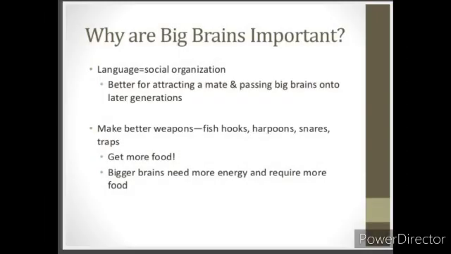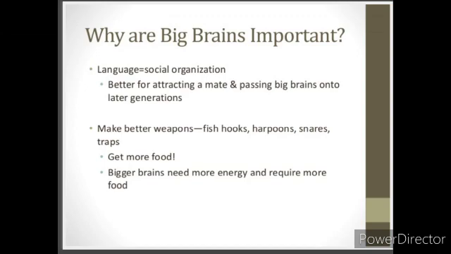The question arises, why is a big brain important? Language equals social organization. A big brain is important for attracting a mate and passing the big brain to later generations.